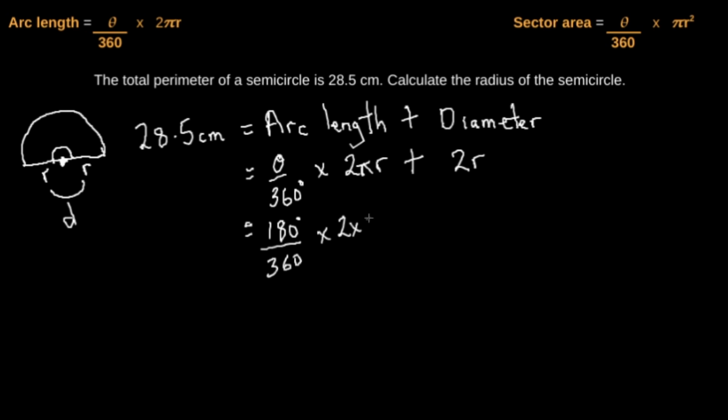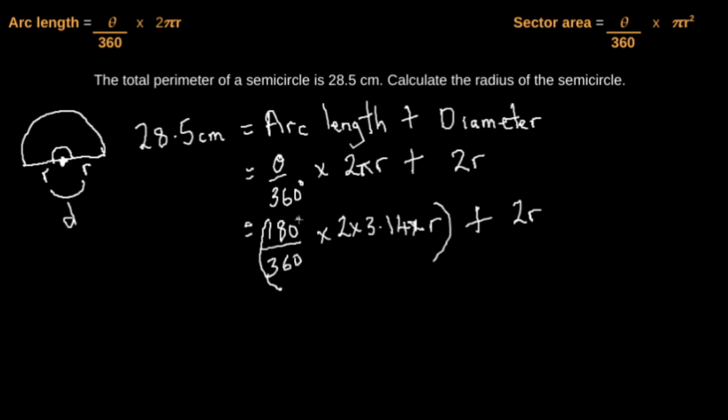What is pi? 3.14. 3.14 r. Okay, times r. All of that is the formula for the arc length. Plus 2r. Remember, we're looking for r.